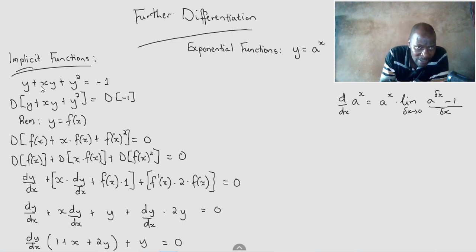But now, what does this tell you? If you look at that section there, the differential with respect to y was 1. The differential with respect to y was x. The differential with respect to y was 2y. What does this suggest?